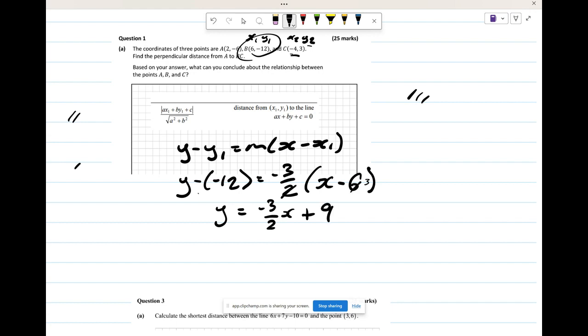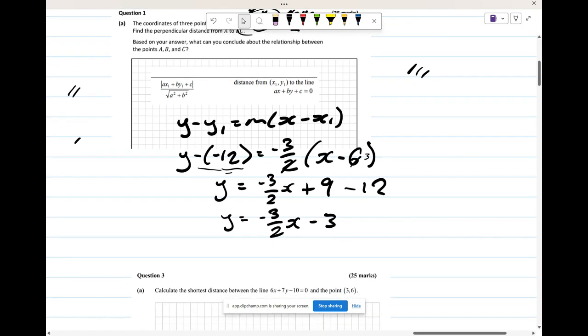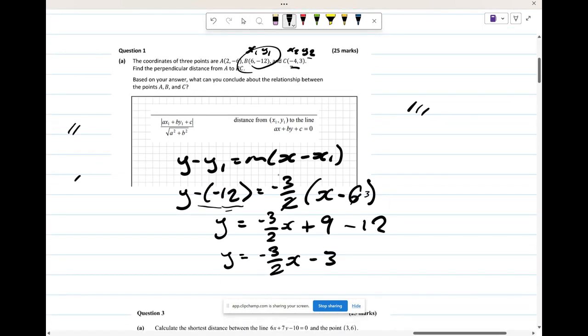And then we're going to bring this 12 over. So this is going to turn into a positive 12, but then when we bring it over, it's going to be a negative 12. So our line is going to be minus 3 over 2x, 9 minus 12 is going to be minus 3. And so this is our equation, the equation for the line BC.